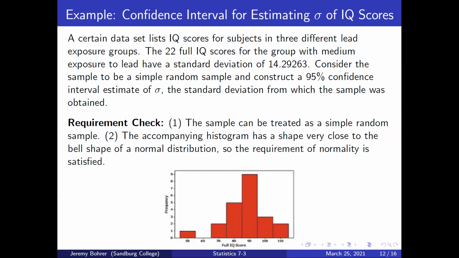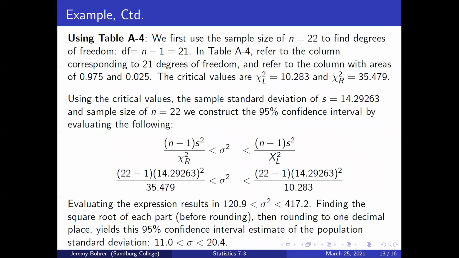Requirement check. The sample can be treated as a simple random sample. The accompanying histogram has a shape very close to the bell shape of a normal distribution, so the requirement of normality is satisfied. Using table A4, we first use the sample size of n equals 22 to find degrees of freedom. The degrees of freedom are equal to n-1, which is 21.